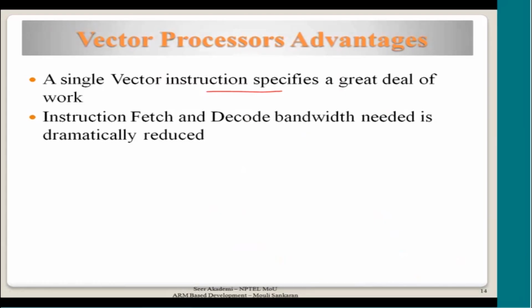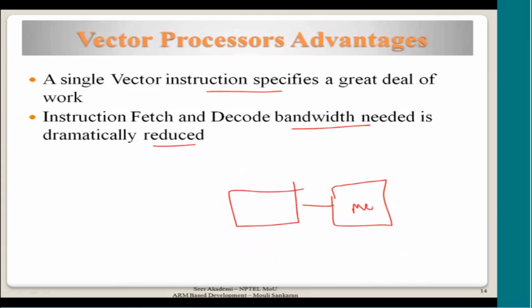Instruction fetch and decode bandwidth needed is dynamically reduced. See, when more bandwidth is required, suppose the memory is not able to feed at the speed the processor wants. Now, one instruction goes in and multiple elements in the CPU work on the data in parallel, and the data elements are arranged in interleaved memory, and then they can feed the CPU.